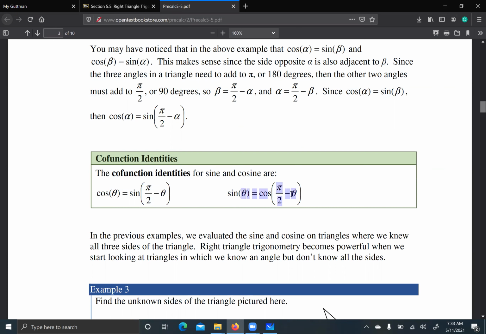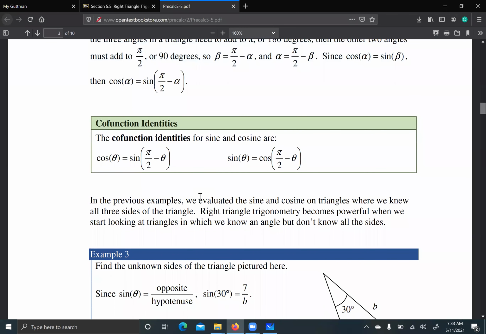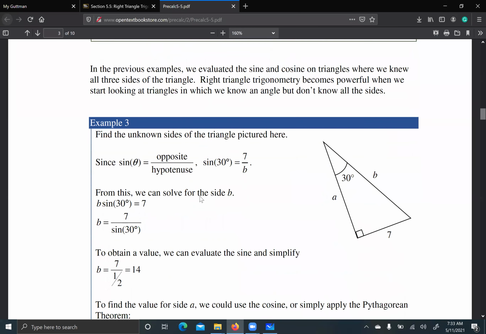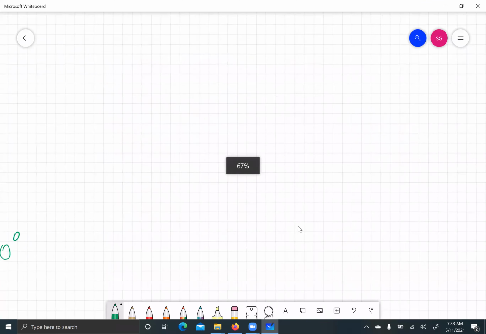And you can have the same thing if you just switch the sine and cosine, like here. So we derived these cofunction identities. Let's use them in example 3.